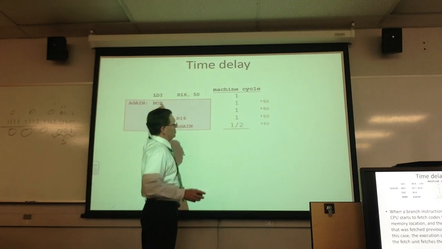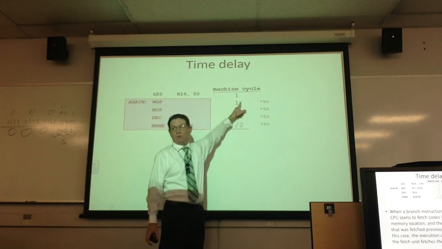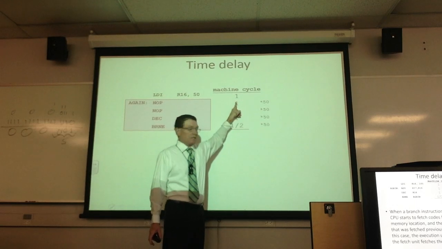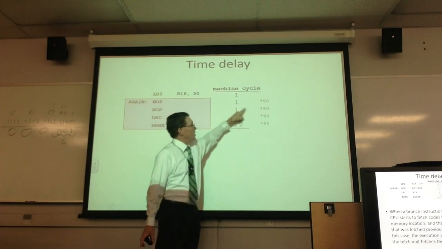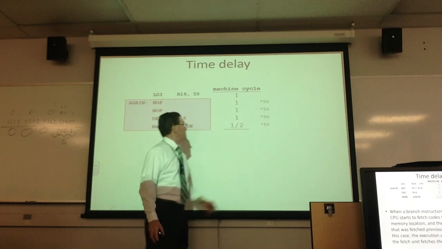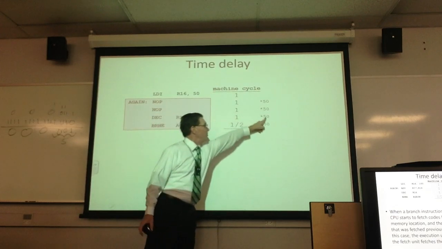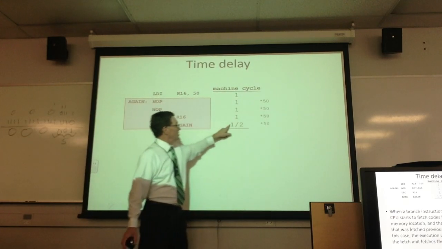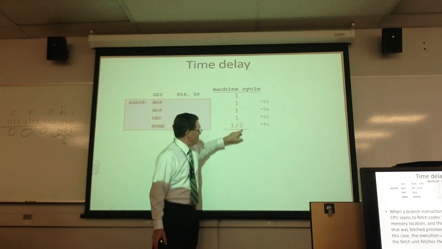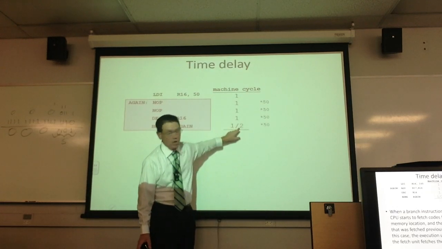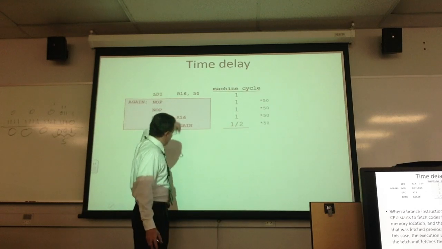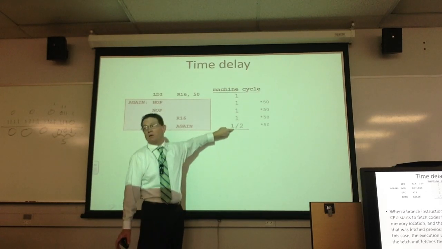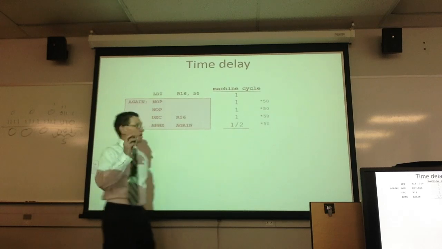This no-op instruction here is done 50 times, and it takes one machine cycle. This one is 50 times. This one here is going to be done 50 times, and I'm going to pay a branch penalty for that. When I'm done with this and it bails out, I don't pay the branch penalty, and then it's only one machine cycle.